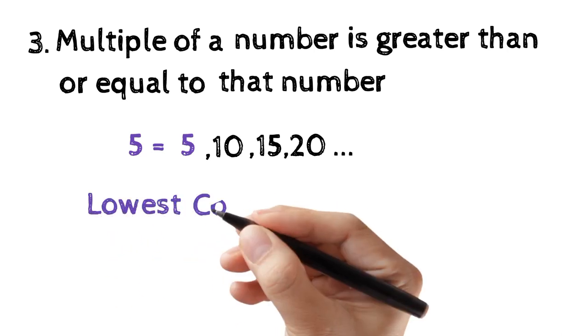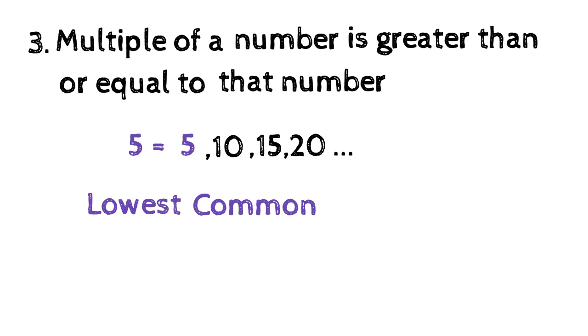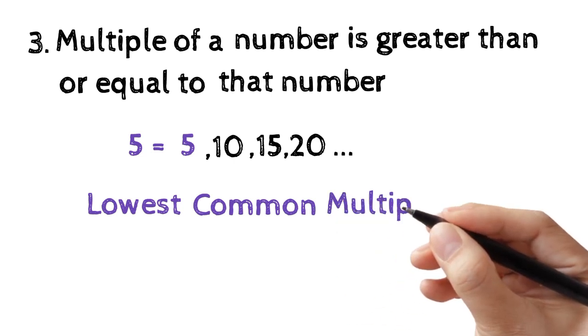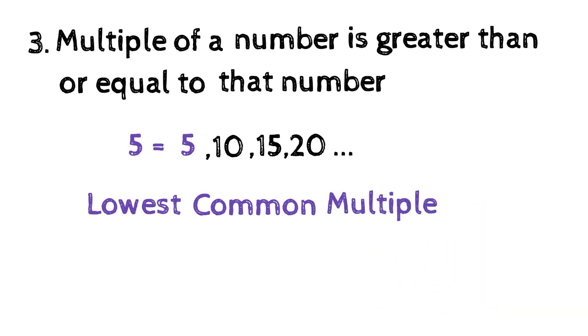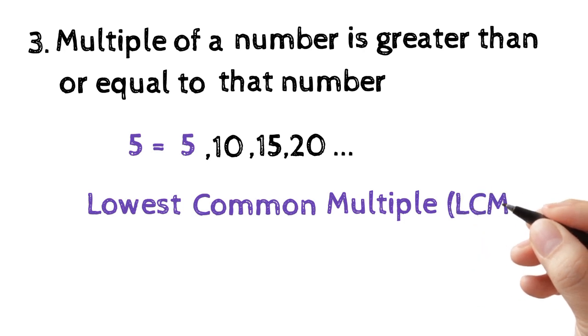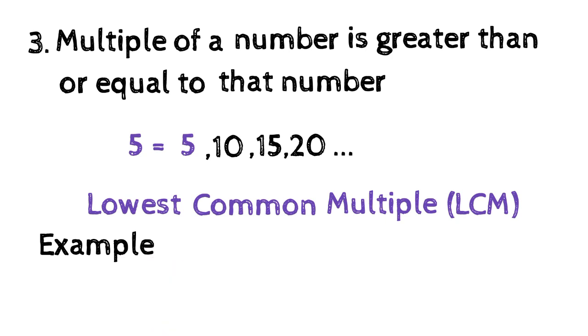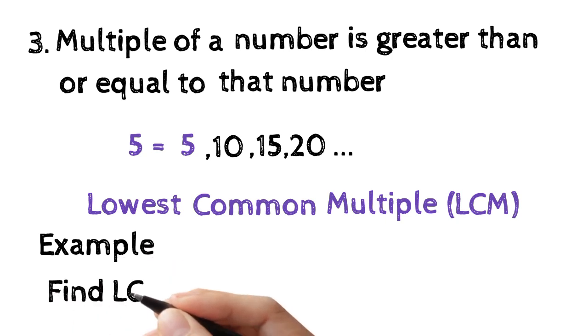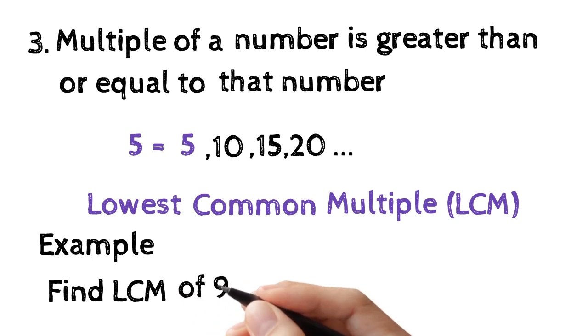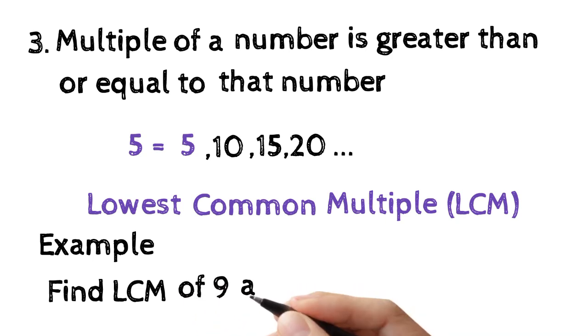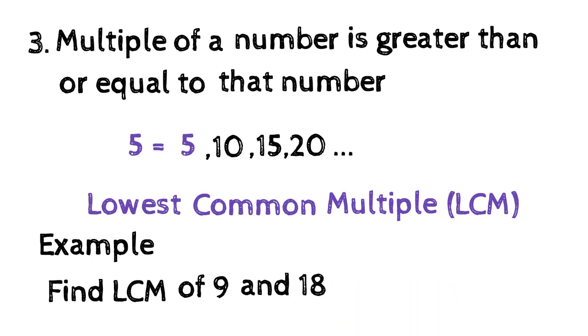Now let us see the so-called lowest common multiple, in short form, LCM. Now for example, find the LCM of 9 and 18.